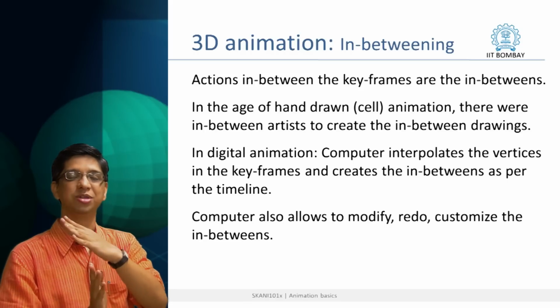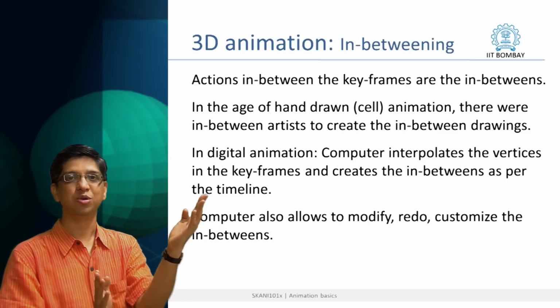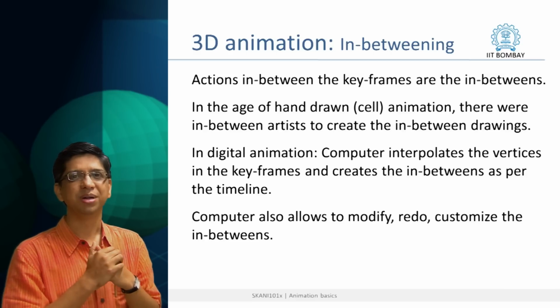So in a nutshell, if I say move this hand from this frame to this frame in a time span of 12 frames, then the computer will create exactly 12 in-betweens at evenly spaced positions and create a motion. Suddenly if I decide I do not want 12 frames but I want 26 frames, the computer will reallocate the positions and create 26 equal parts of this particular hand motion and give us a motion with 26 frames. So it has become that simple now.